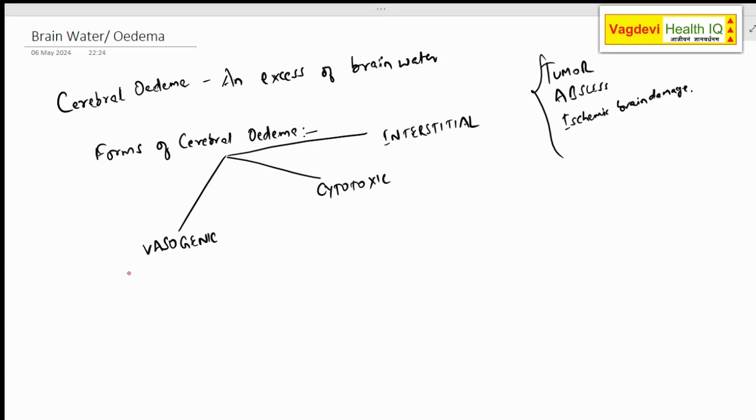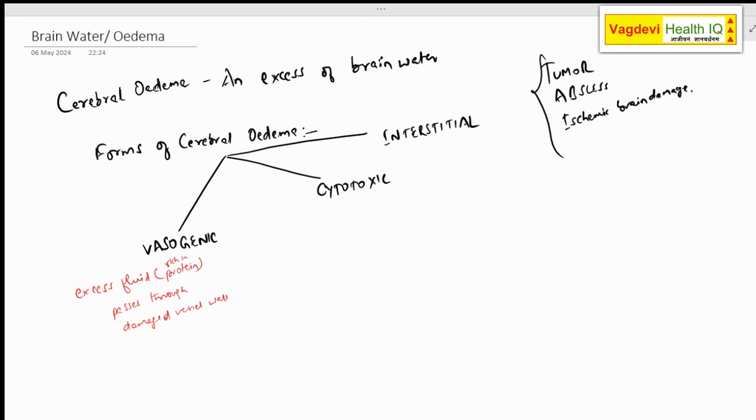What did I say? Vasogenic, basically what happened? Excess fluid, rich in protein, passes through the damaged vessel wall.